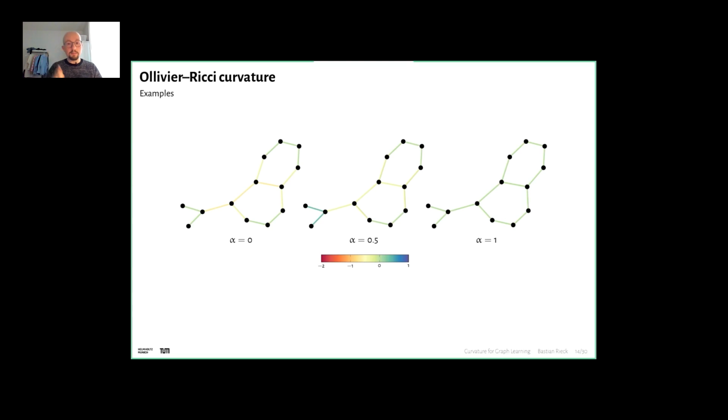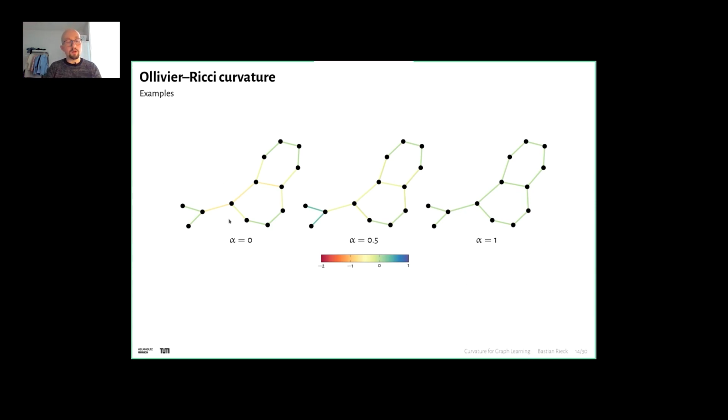Now, here are some examples of how the laziness parameter changes the way different graph structures are attenuated, and I hope this also works on your monitors at home. What you should see is that if we increase the laziness from 0, which means that we never stay at our node, so we are completely unlazy as a random walker, to 1, which means that we always stay at the same node, the curvature converges to a higher positive value.